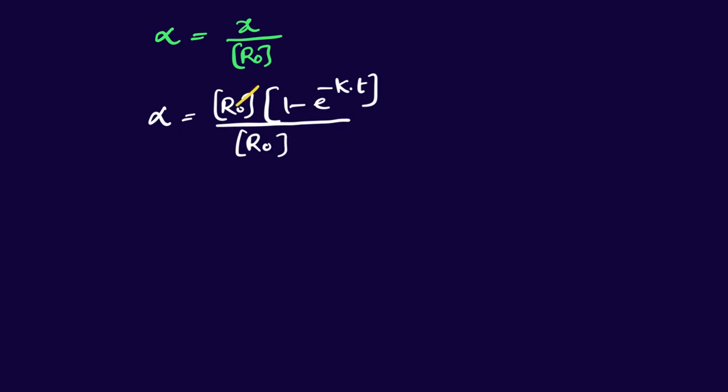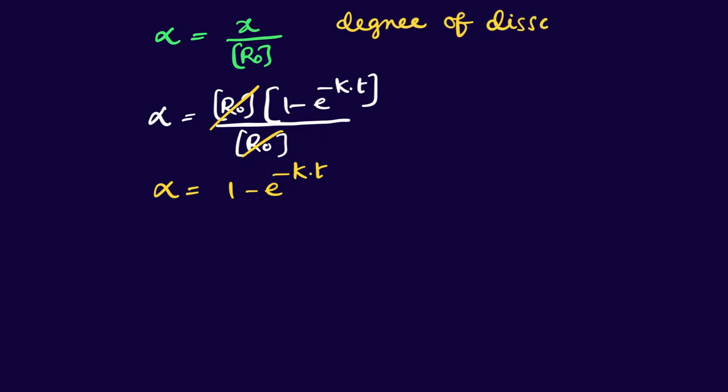Then this will be cancelled out. What is left now? Alpha is equal to 1 minus e power minus kt. Alpha means degree of dissociation. This is the formula for first order degree of dissociation.